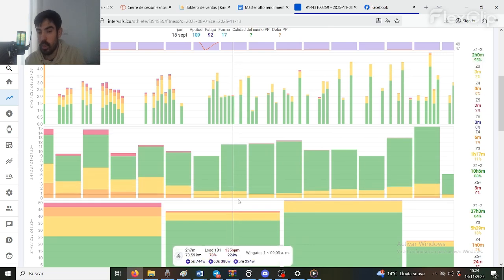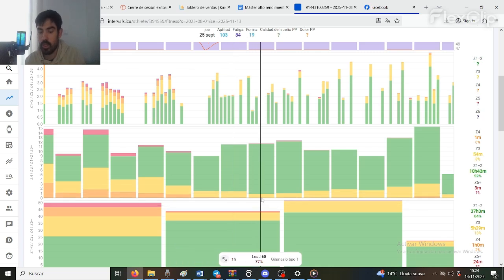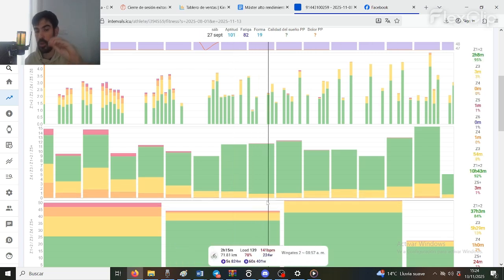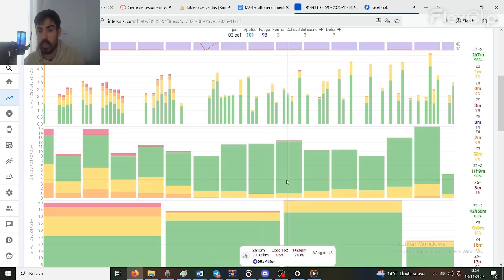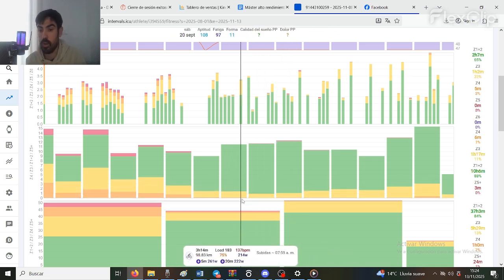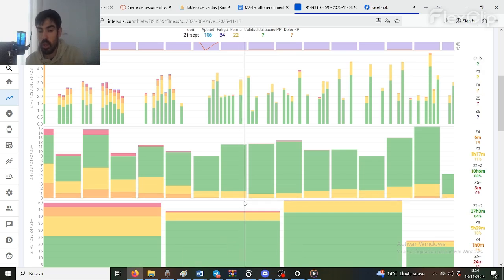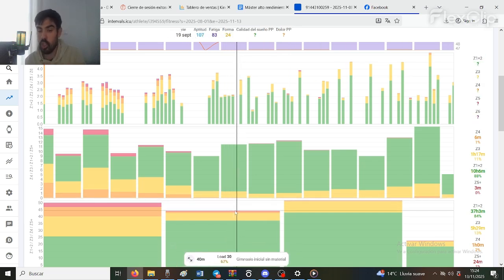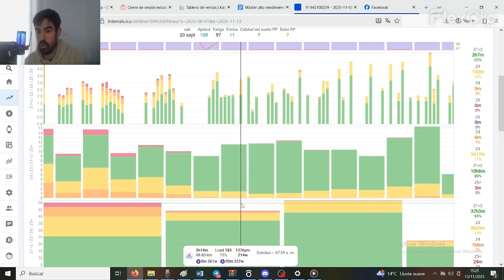We are in a base period, but as you can see, some between thresholds intervals are being promoted because for me it's important that the first threshold goes to the right of the power curve, but also that the second threshold is either maintained or improved a bit. I mean, the amount of work around the second threshold is not much, but it's useful to maintain that second threshold in that area.